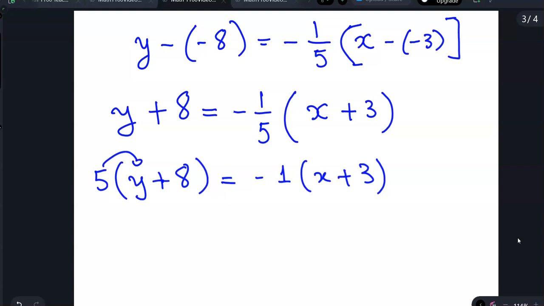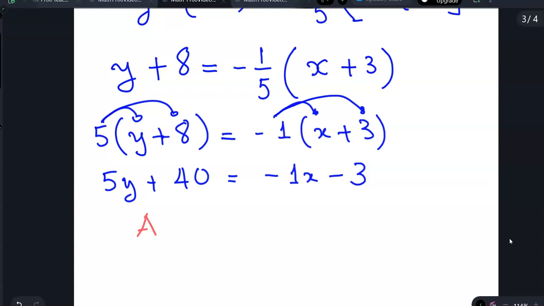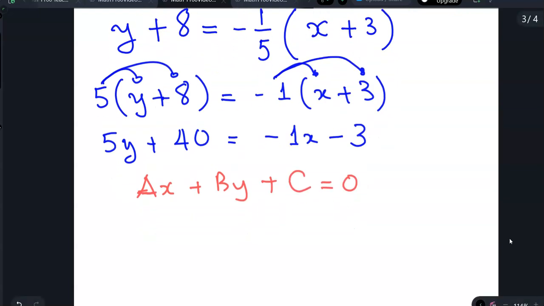Now I'm going to open up this, apply the distributive rule. That means I have to multiply each of this inside the bracket. Minus 1 times x minus 3. Alright, okay, so 5y plus 40 equal to minus 1x minus 3. So what you need to do next is your equation in general form is ax plus by plus c equal to 0, where a, b, c are integers, right?